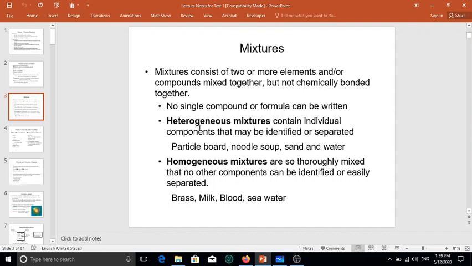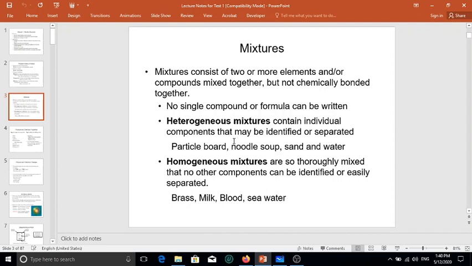If you put something like sand into water, they can be mixed up, but you can still see the sand suspended in the water. So you can see two different things in the mixture of sand and water, and that's called a heterogeneous mixture. A homogeneous mixture looks like one thing even though it's a mixture, whereas in a heterogeneous mixture, you can see different things.